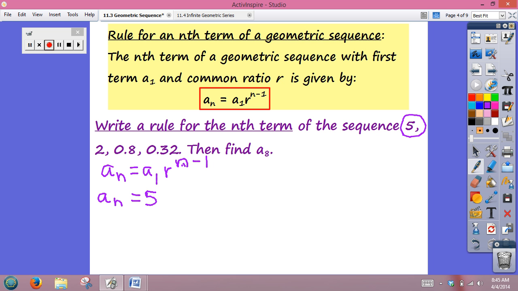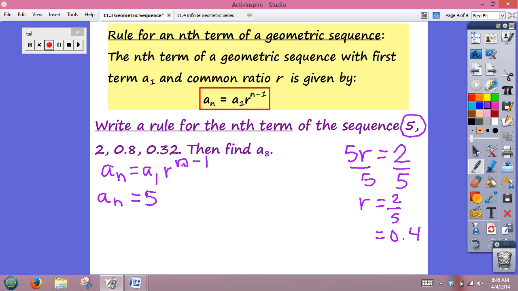Remember that r is the common ratio, which is a constant ratio between each term. So one way to find this is to take 5, which is our first term, times the ratio and set it equal to the next term, which is 2. If we divide both sides by 5, we get that the common ratio is 2/5 or 0.4.